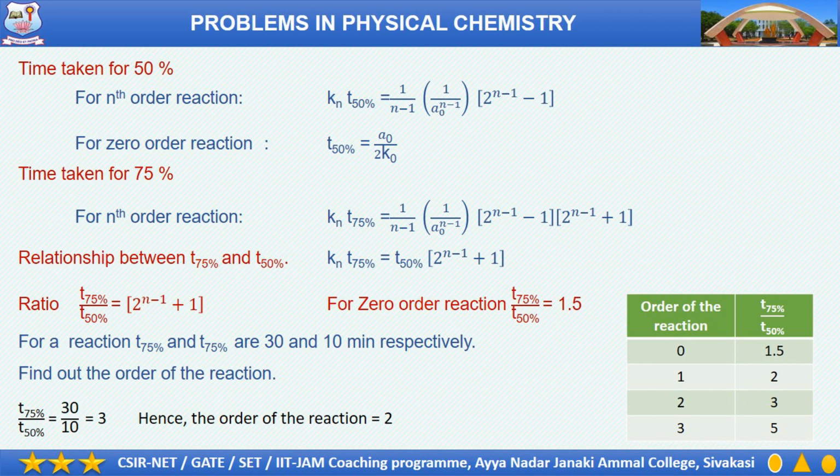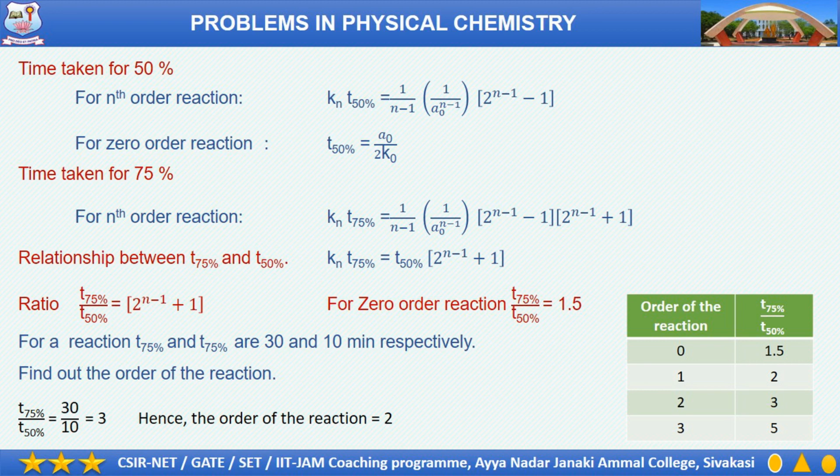For zero order reaction, what would be the ratio of T75 to T50? Anybody calculate it and tell me the answer. No, I am not asking the order of the reaction. What is the ratio of 75% to 50% conversion time for a zero order reaction? There is always a constant.